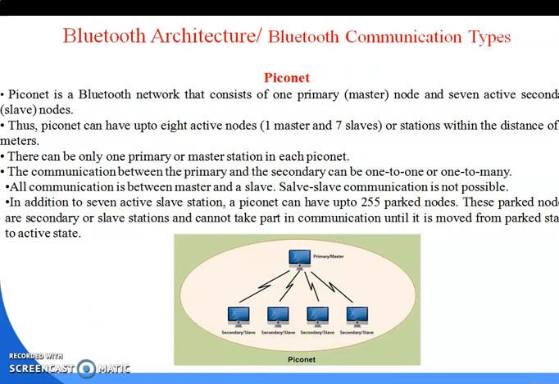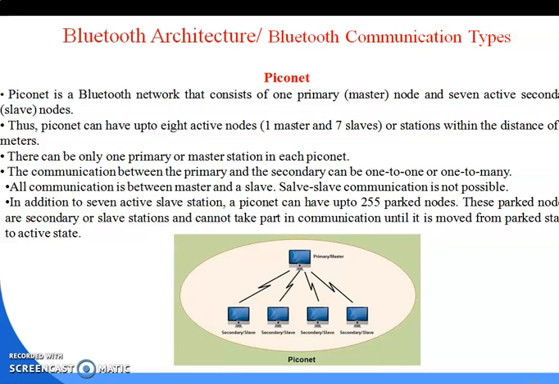This is the Bluetooth architecture of Bluetooth communication types. The first one is the Piconet. A Piconet is a Bluetooth network that consists of one primary master node and 7 active secondary slave nodes. Thus, a Piconet can have up to 8 active nodes or stations within a distance of 10 meters.